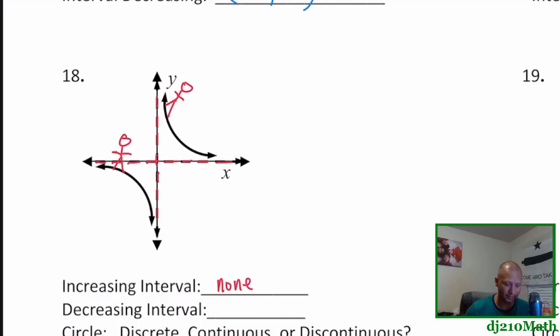Decreasing, however, there is. Matter of fact, there's 2. From negative infinity all the way up to 0, right? Because it never crosses the dashed line. It never crosses the dashed line. And there's 2 of them, right? There's the lower one, then the upper one. So we're going to union.